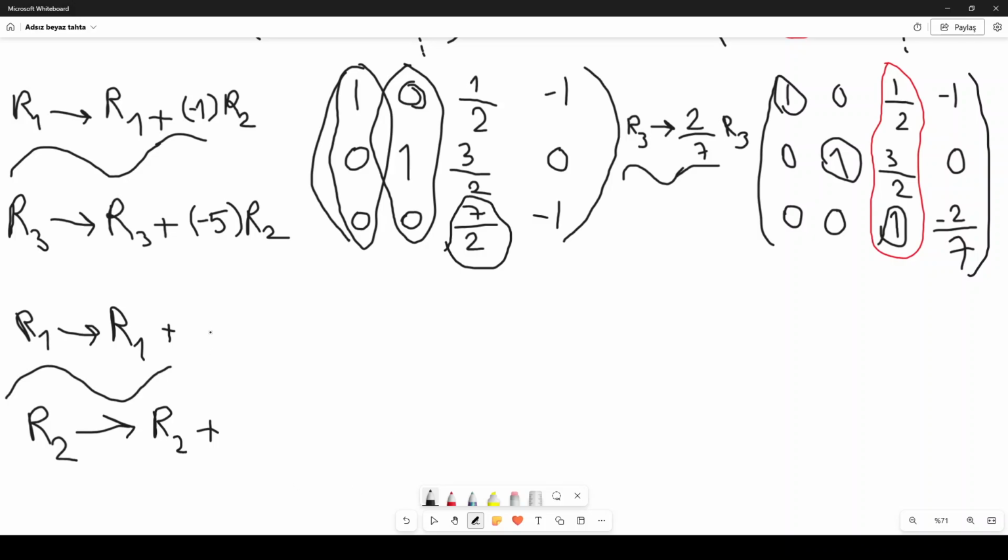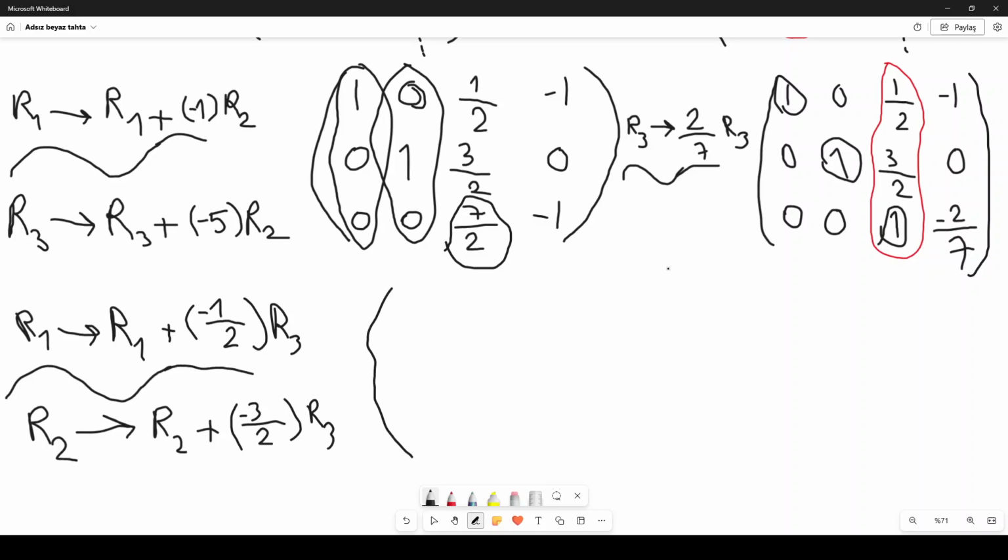So instead of R1, I multiply R3, the third row, by minus half and add it to the first row. And for the second row, I multiply the third row by minus 3 over 2 and add it to the second row, right? Okay, so then our matrix becomes what?